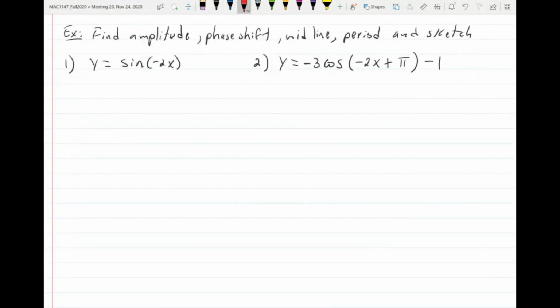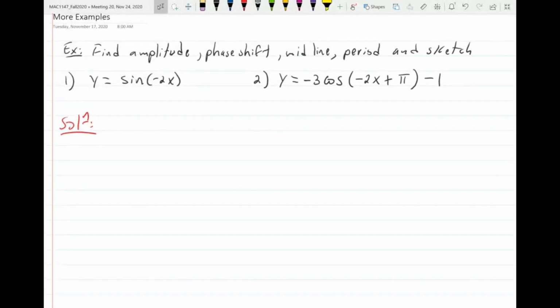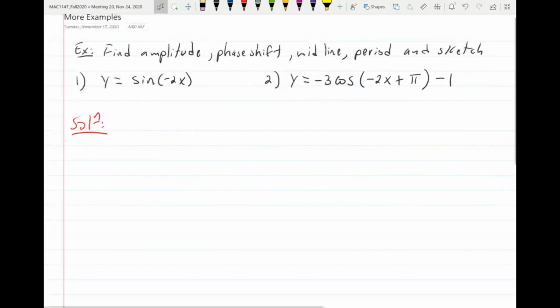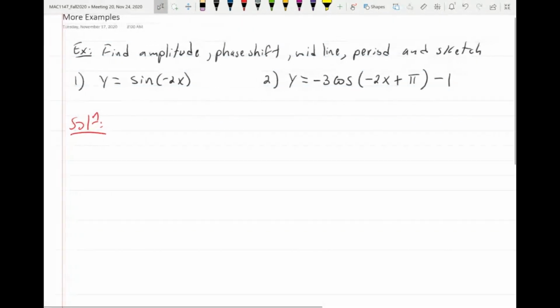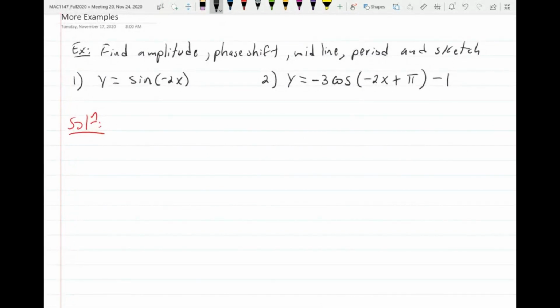All right. So solution. So remember, we have some formulas for all of these. First, let's find the quantities that they are asking us: amplitude, phase shift, midline, period. Okay, and we have some general formulas for this. So remember, the general form of the functions is the following.